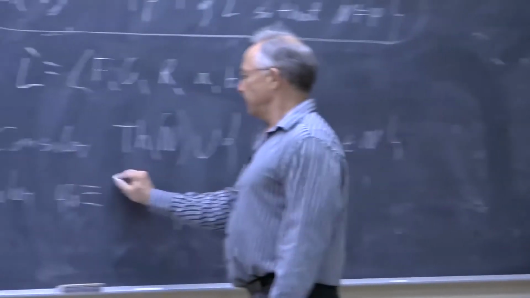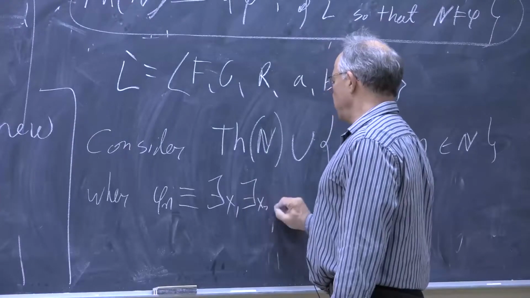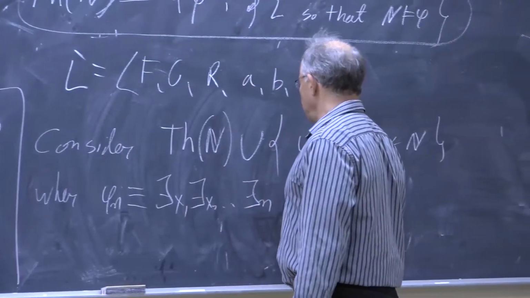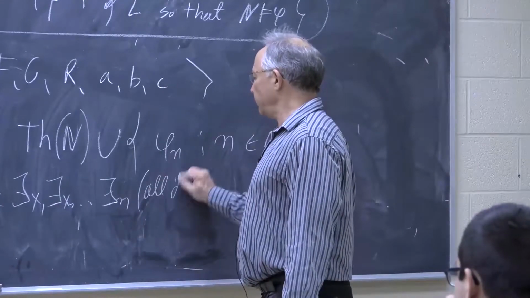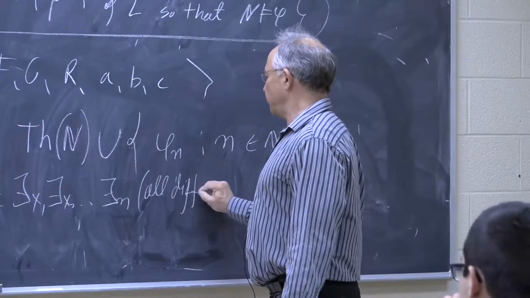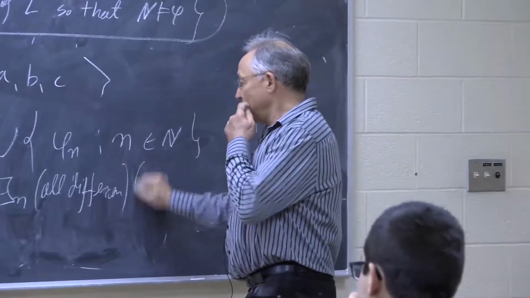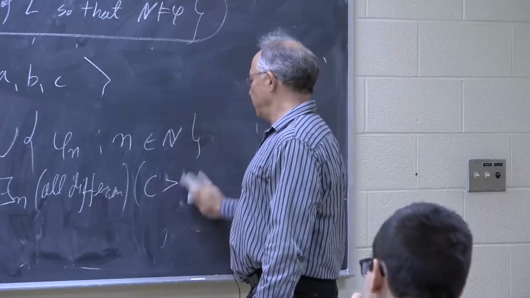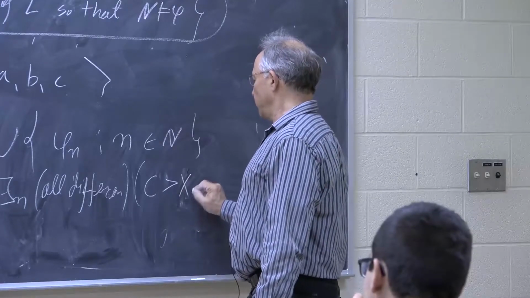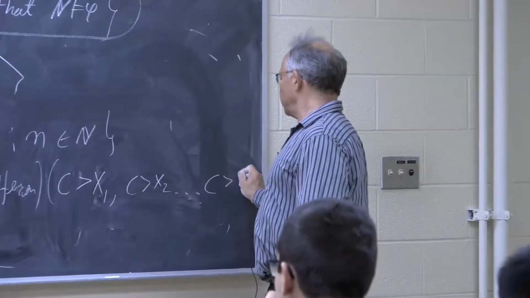So it says there exist x1, there exist x2, there exist xn, we know how to say all different, we've said it several times, such that C is greater than x1, C is greater than x2, C is greater than xn.